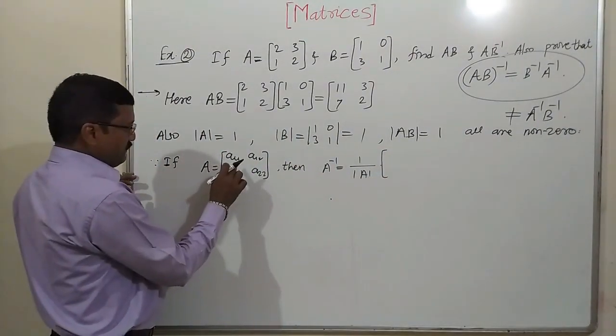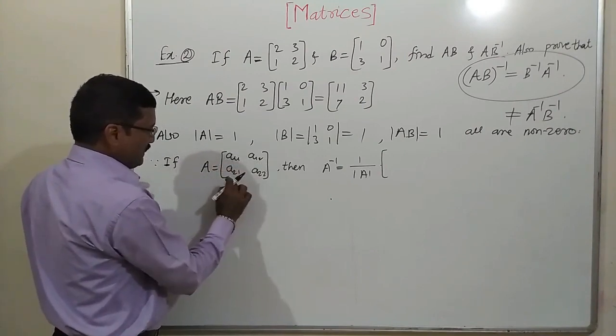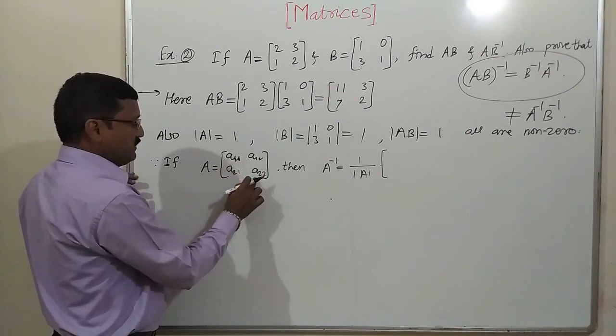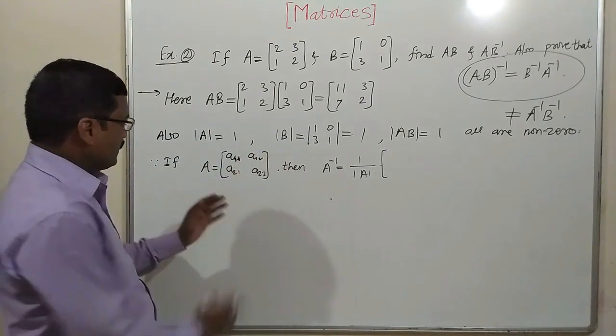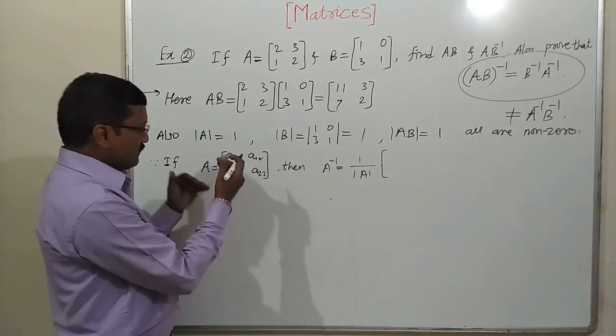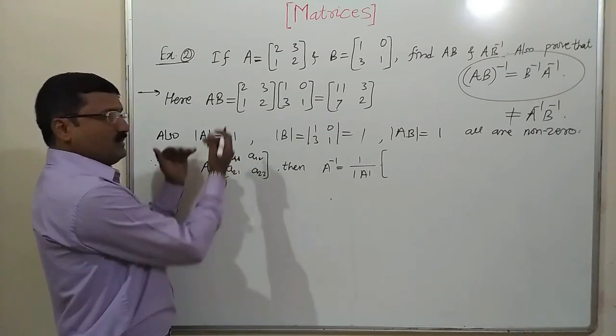We always read a matrix with respect to rows, first row and then second row. So A11, A12, A21, A22. While writing the inverse, just read in the opposite way. Row wise, left to right, we read here. Here we will read column wise and from down to upside.